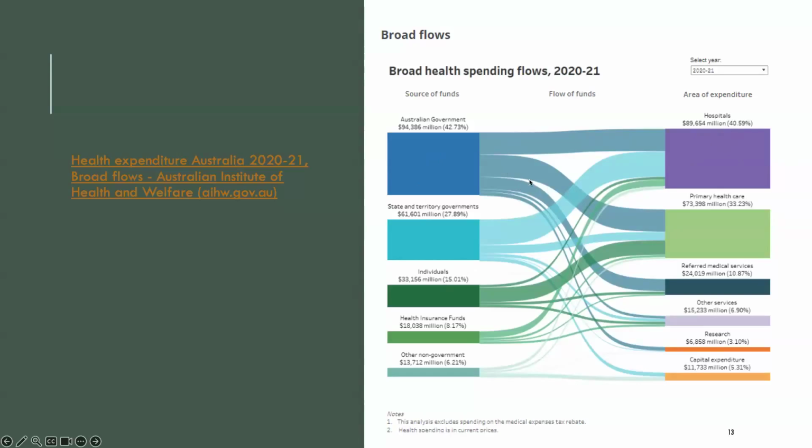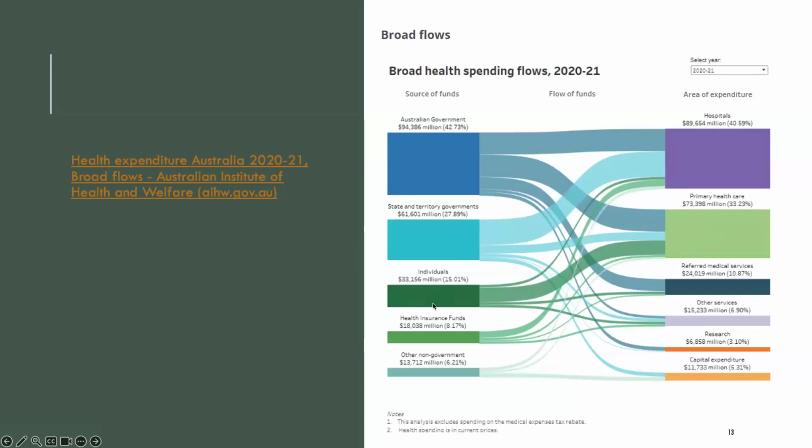And of course, some of the money from the federal government is also being spent on primary health care. And then you see a few details on what the state and territory governments spend on hospitals and on primary health care.